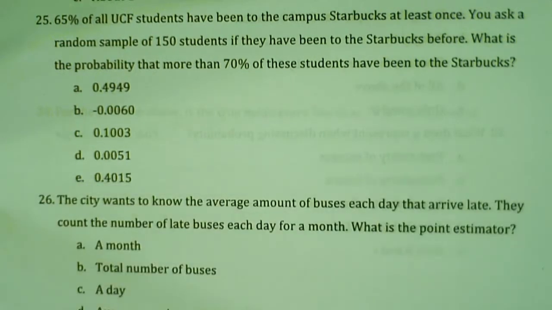Okay, so 25. 65% of all UCF students have been to the campus Starbucks at least once. You ask a random sample of 150 students if they have been to the Starbucks before. What is the probability that more than 70% of these students have been to the Starbucks?